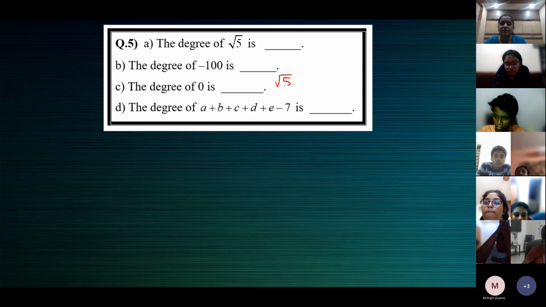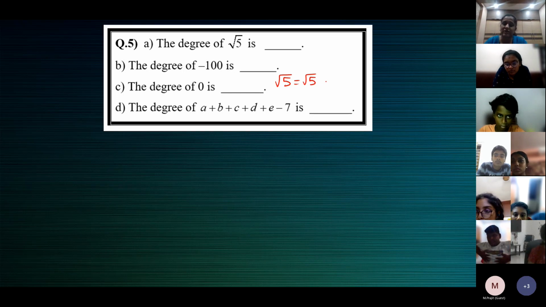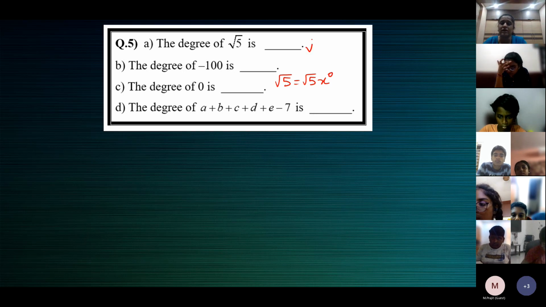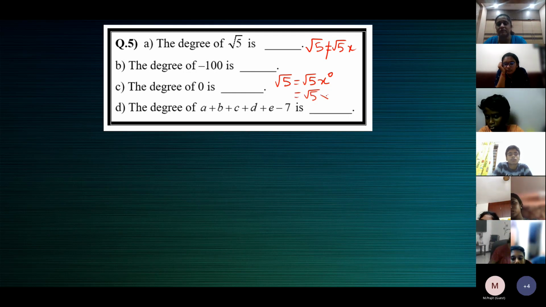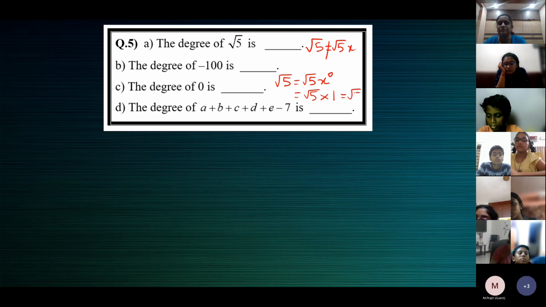I cannot write root 5 as root 5x, that will become root 5x, which is different from root 5. But if I write root 5x to the power 0, x to the power 0 is 1, so it's still root 5 only.